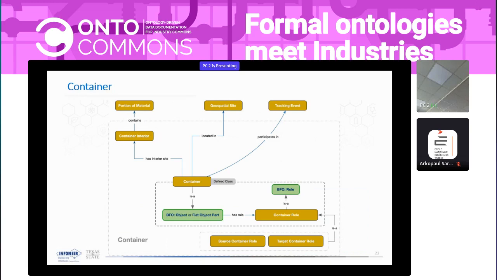The surface of a table is a part of this table, so we can treat that only as a container. And again, we have source container and target container. We should be able to differentiate between those two. And obviously, the location, the geospatial site of the container matters for us, and the tracking event in which the container participates.